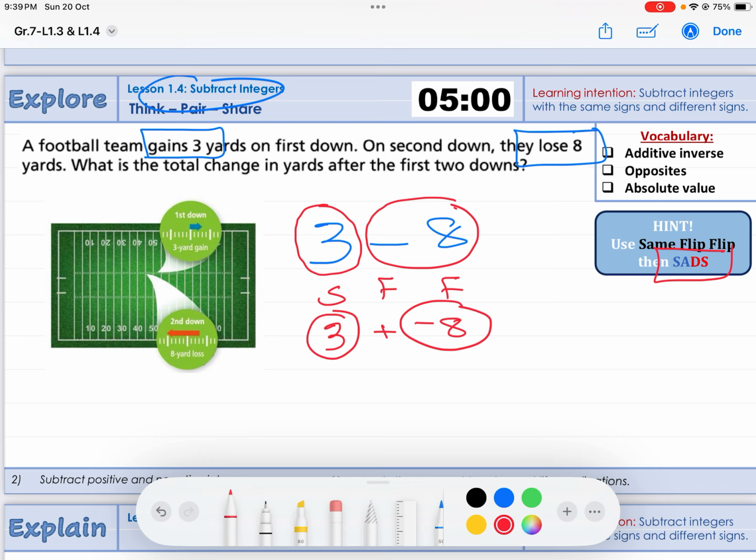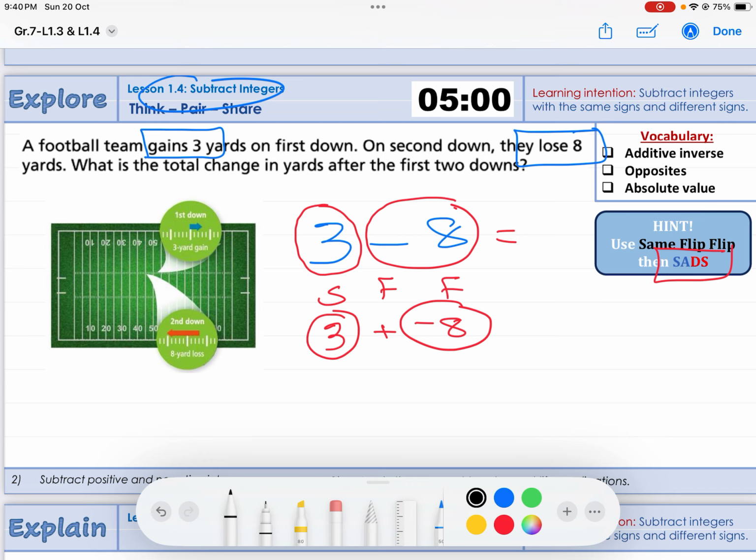Because simply, miss, you're just adding the opposite of 8. It's the same thing. So that's why I'm telling you to save yourself time, and not use the time of same flip. Just whenever you see minus and right after it an integer, take the sign for that integer to be negative. Okay?